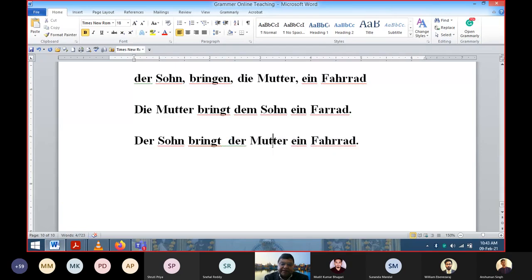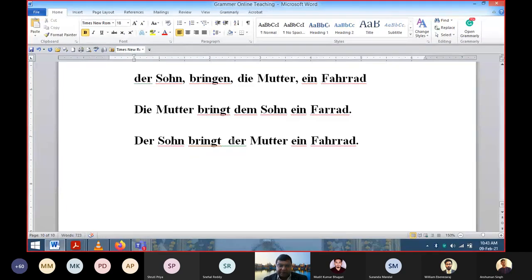If two objects come side by side, then first indirect, that is first dative, then accusative. First indirect, then direct. This order should be maintained, and this applies only if both come together, one after another. But if they are already separated, suppose I put der Mutter at the beginning of the sentence, the question will not arise. Then as per the rule, the verb should occupy the second position: der Mutter bringt der Sohn ein Fahrrad.